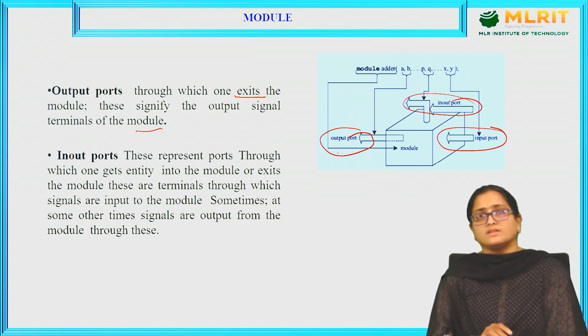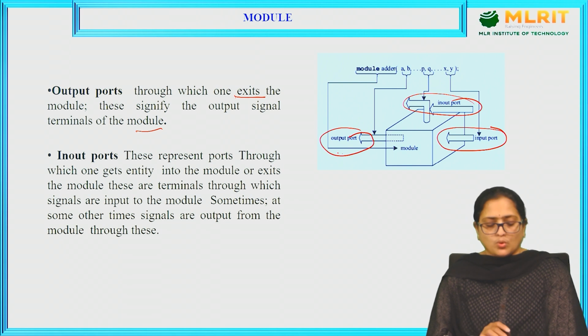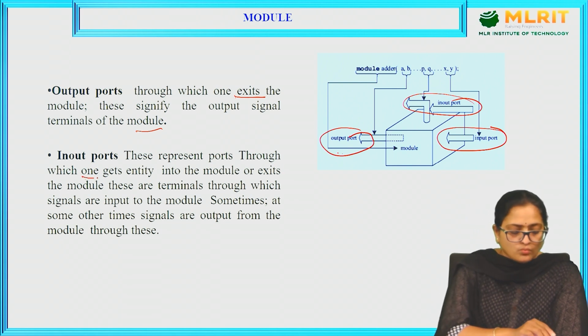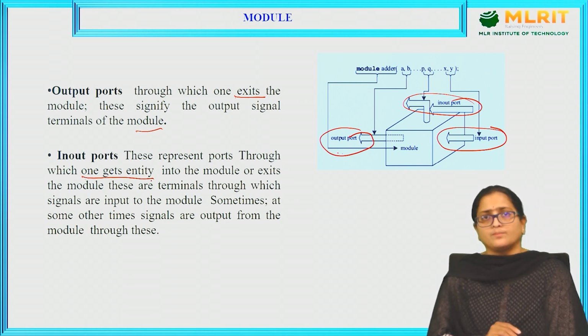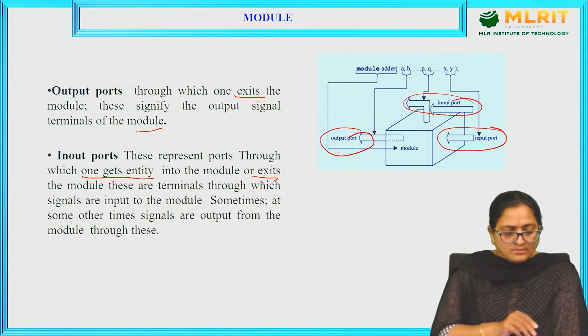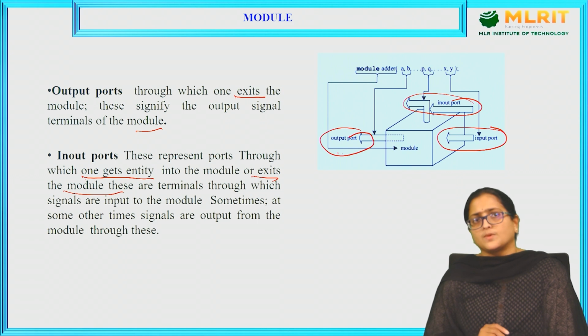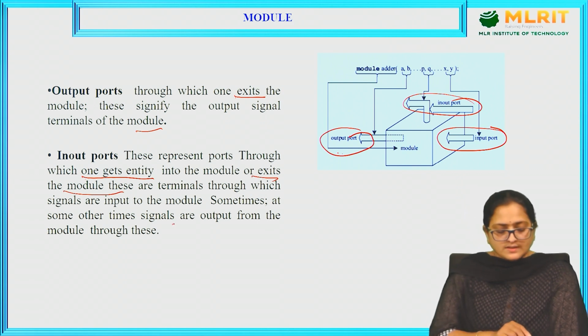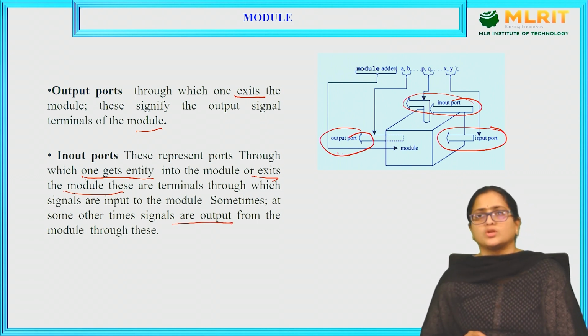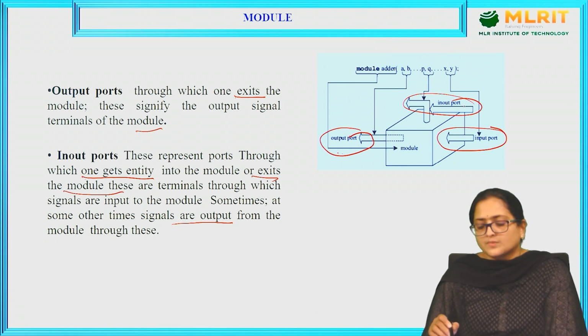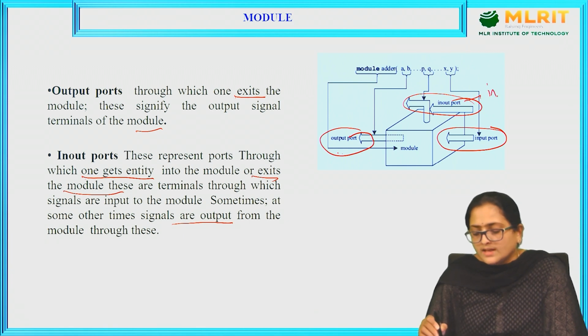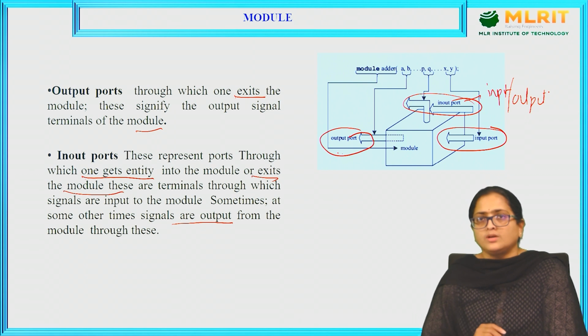This port represents through which one gets into a module or exits the module. These are terminals through which signals are input to the module sometimes, and at other times these signals are output from the module. That means this can be used either as an input port or as an output port.